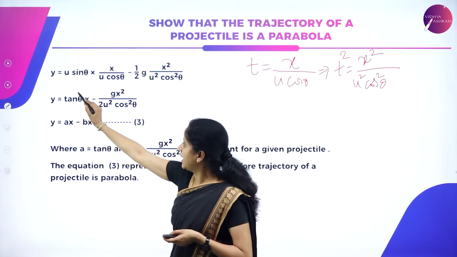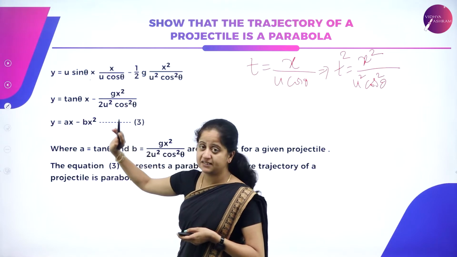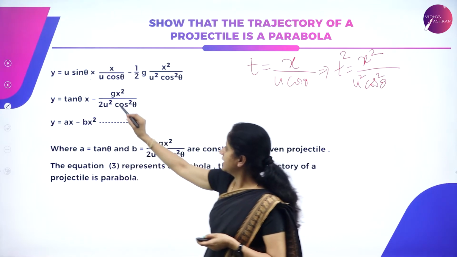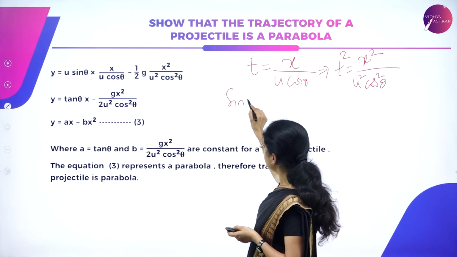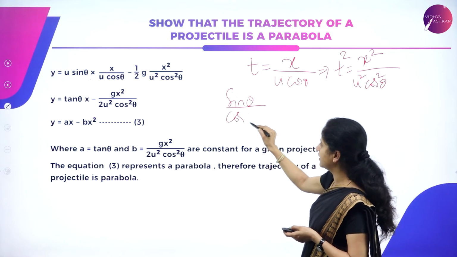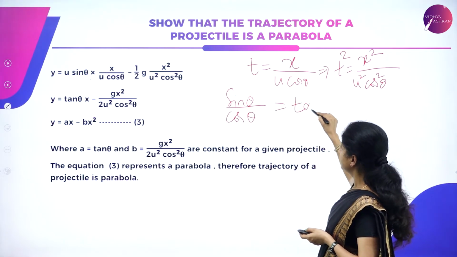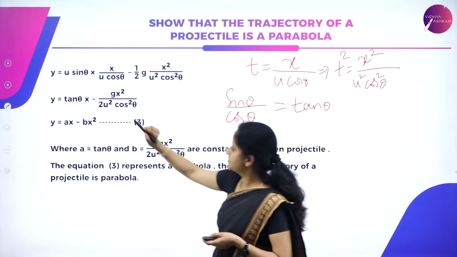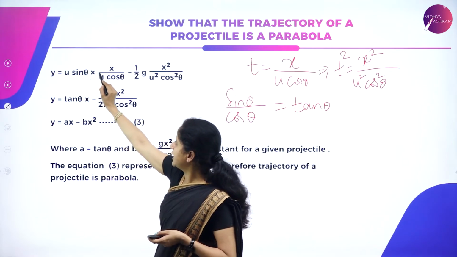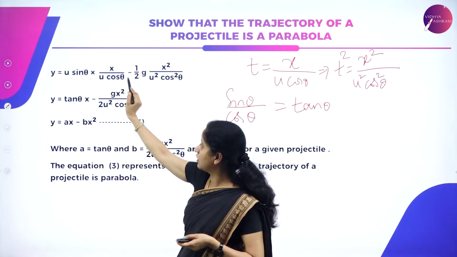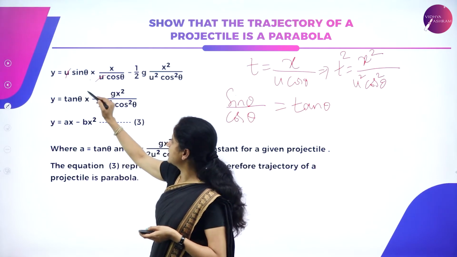Now here we have sin theta and cos theta. Sin theta divided by cos theta is nothing but tan theta. So here you can observe we have u sin theta into x divided by u cos theta, so u and u get cancelled.